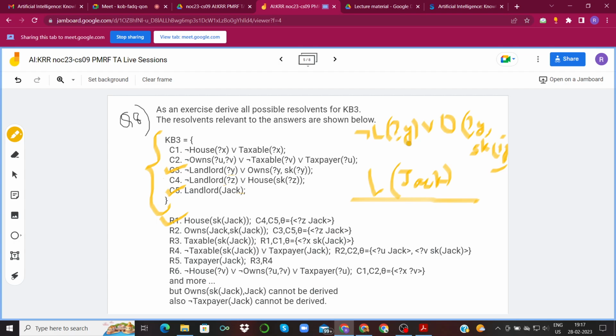Again we substitute Y with Jack. This should have been a Y, I think. Let me just correct it.